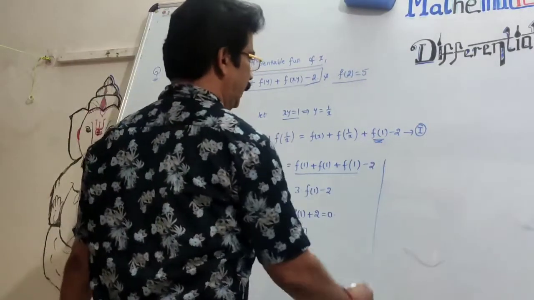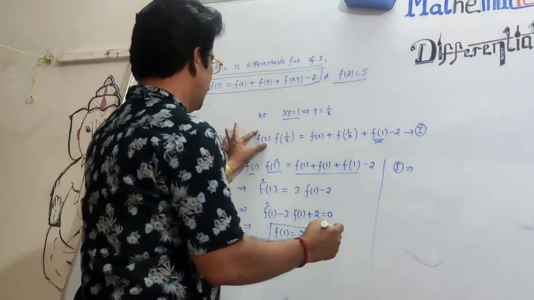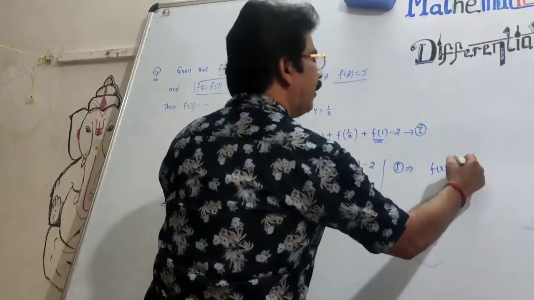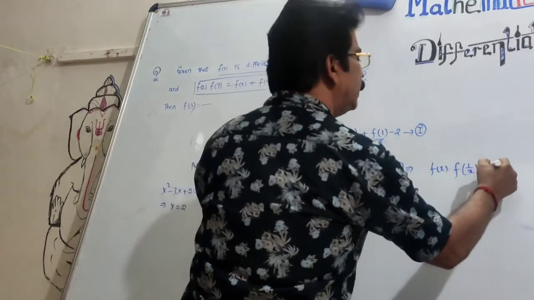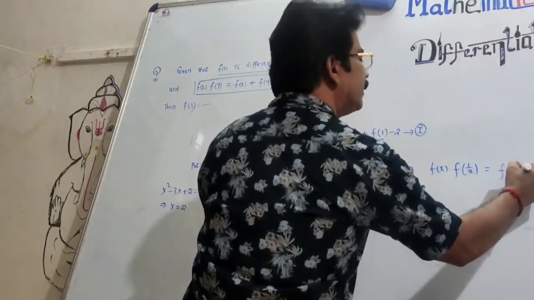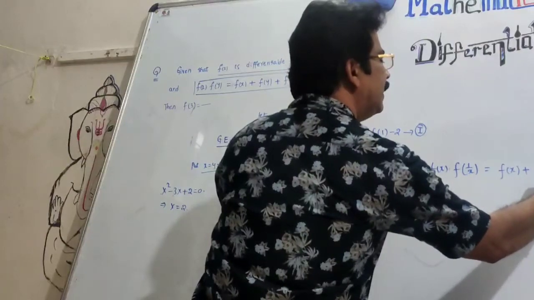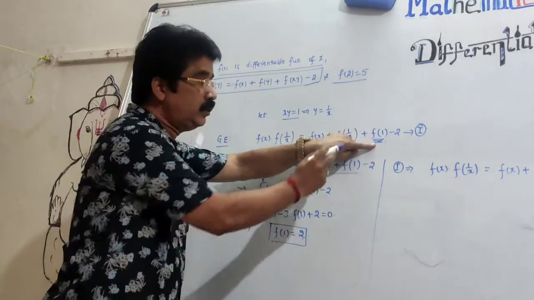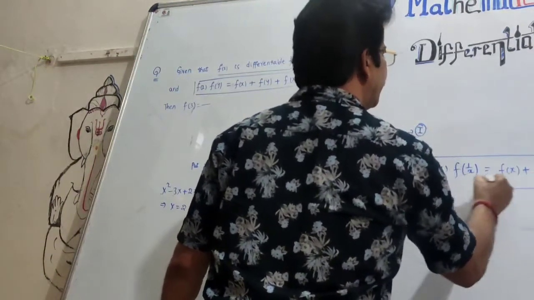So therefore Roman number 1 equation says f of x into f of 1 by x is equal to f of x plus f of 1 by x. Next, f of 1 how much? 2. 2 minus 2, 0. So therefore equation 1 becomes like that.